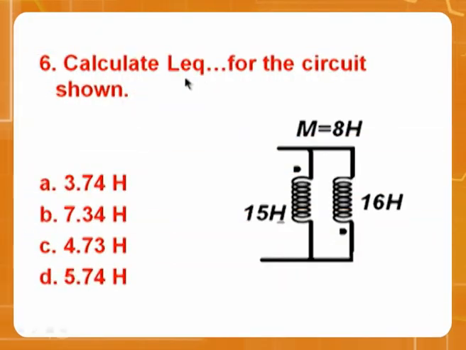Let me take you to the sixth problem. Sixth problem is: calculate L equivalent for the circuit. As I told you, parallel. The mutual coupling is 8, with 15 and 16. This is the problem given. We have taken this in order to explain how to consider parallel circuits.